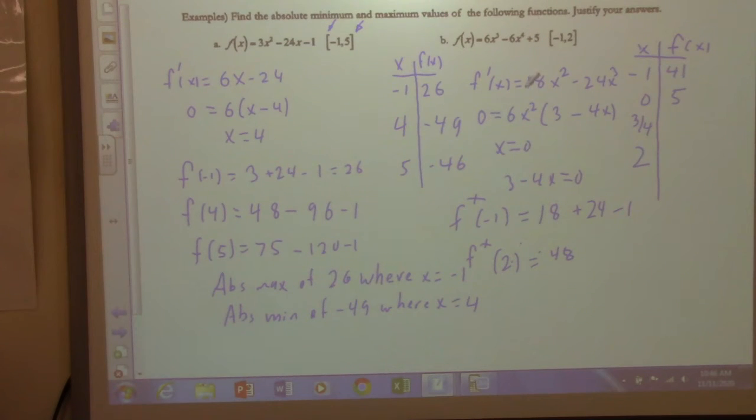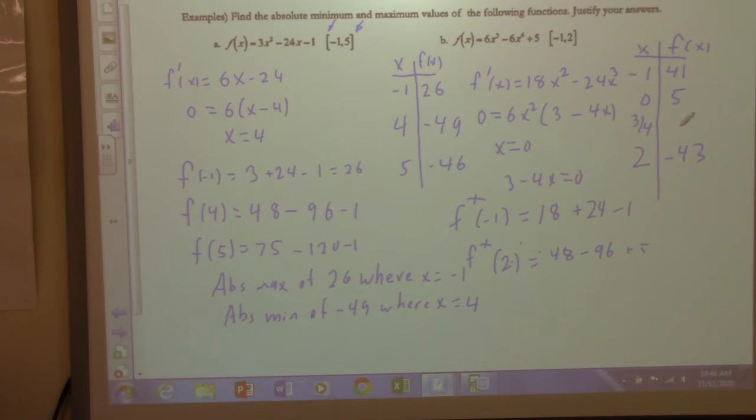Minus 6 times 16, what is that going to be? 96. So it's going to be minus 96, right? Because that's going to be, yeah, plus 5. So negative 48 plus 5, is that negative 43? That's what I think. Something like that.